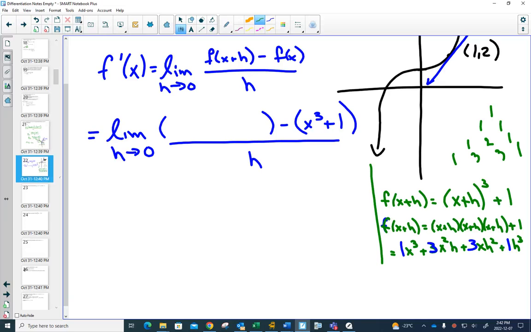So there I'm using Pascal's triangle and the binomial theorem to multiply it out. But I did that off to the side so that in this set of brackets, I can now replace it with x cubed plus 3x squared h plus 3xh squared plus h cubed. Hopefully you left enough space. I almost didn't.